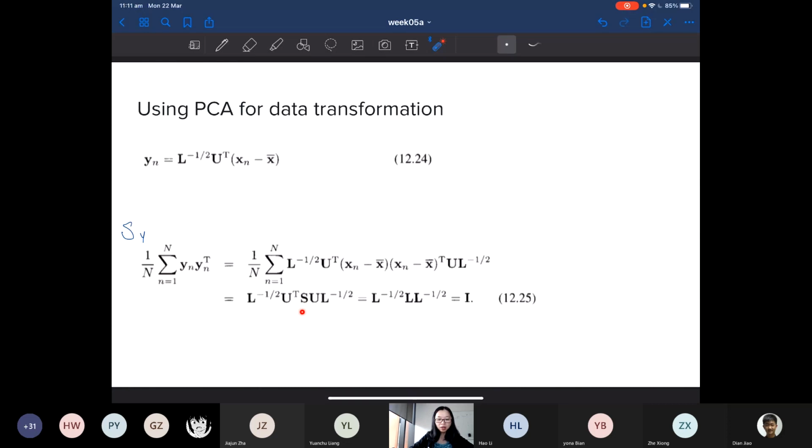So that's the S matrix with respect to x. And then we look at this matrix product, U transpose S U, which according to the eigenvalue equation is essentially L, right? So we just write L in the middle.